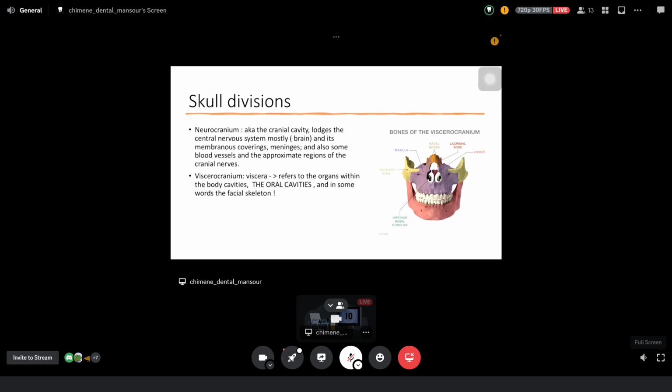All right, and in this slide, you can see you have the whole location of every cranial nerve, right? Hold on a second. All right. So yeah, you have the location of every nerve.